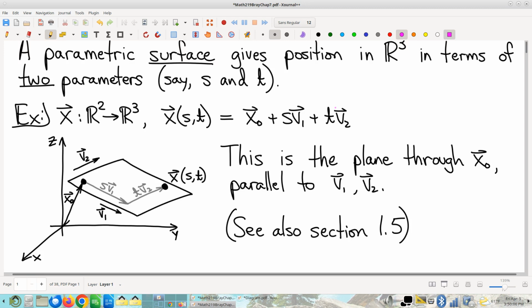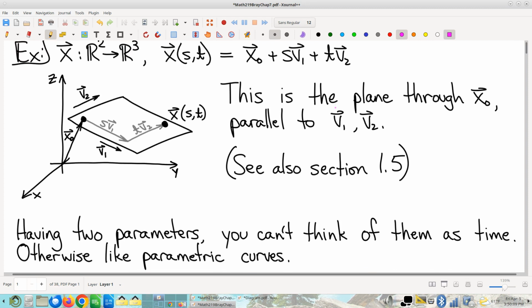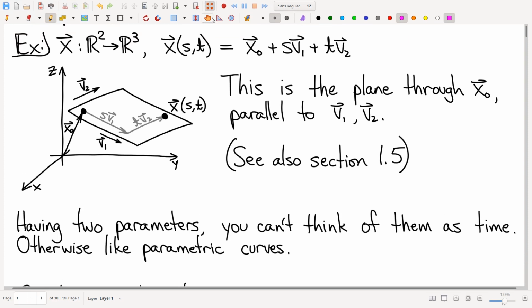Here we go. Okay. One little quickie point I want to make before we proceed. One thing you'll notice, because you have two parameters, S and T, is that we have to abandon one of our geometric points of view. That's kind of a crutch in a way. When we were talking about parameterizing curves, I made this pitch that you should think of the parameter T as being time.